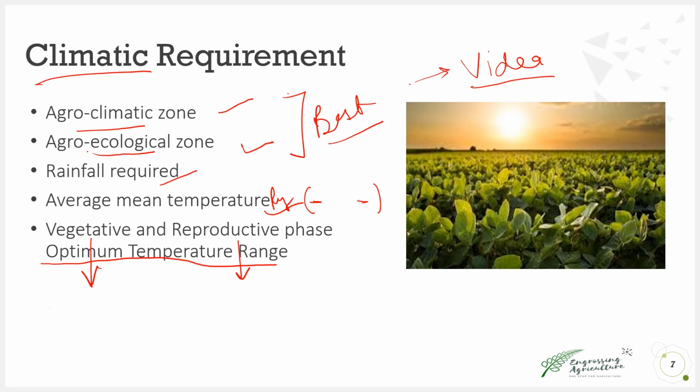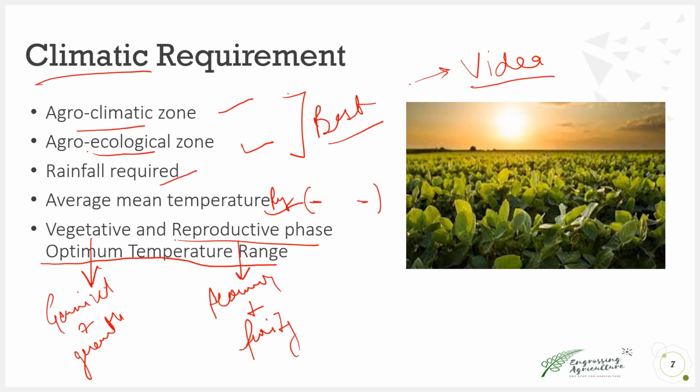The vegetative phase has germination plus the growth stage, and the reproductive phase has flowering plus fruiting. That is, at what optimum temperature range flowering and fruiting are favored, and what optimum temperature range favors germination and growth.